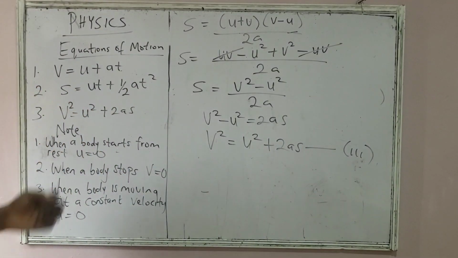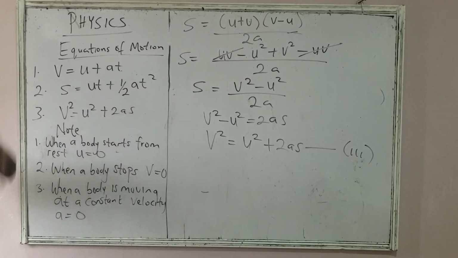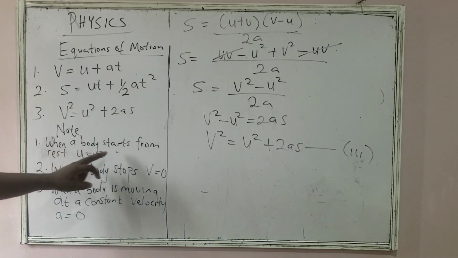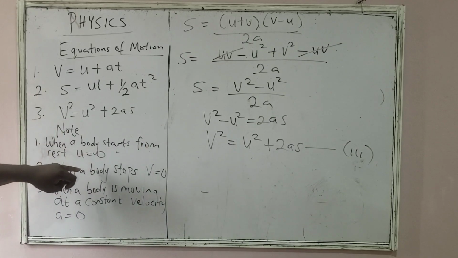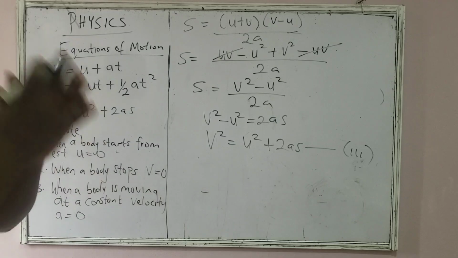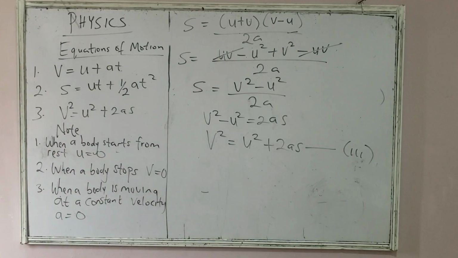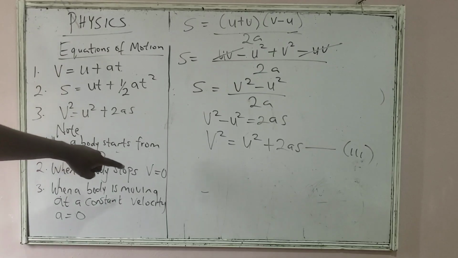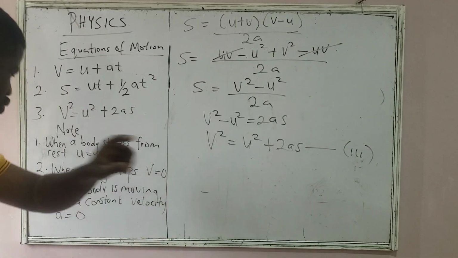And then there are things that we have to note, because in our subsequent lectures we'll be doing a lot of calculation on motion. When the body starts from rest, the initial velocity is equal to 0. When the body stops, maybe when brakes are applied or when retardation occurs, so that it comes to rest, the final velocity is equal to 0.